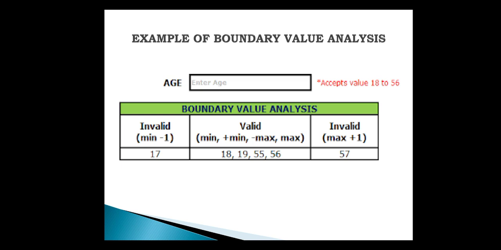If I pass the above-boundary input 57, it also gives an error. If I pass the boundary inputs like 18 or 56, it will accept that value. Like this we need to check all the fields using boundary value analysis.